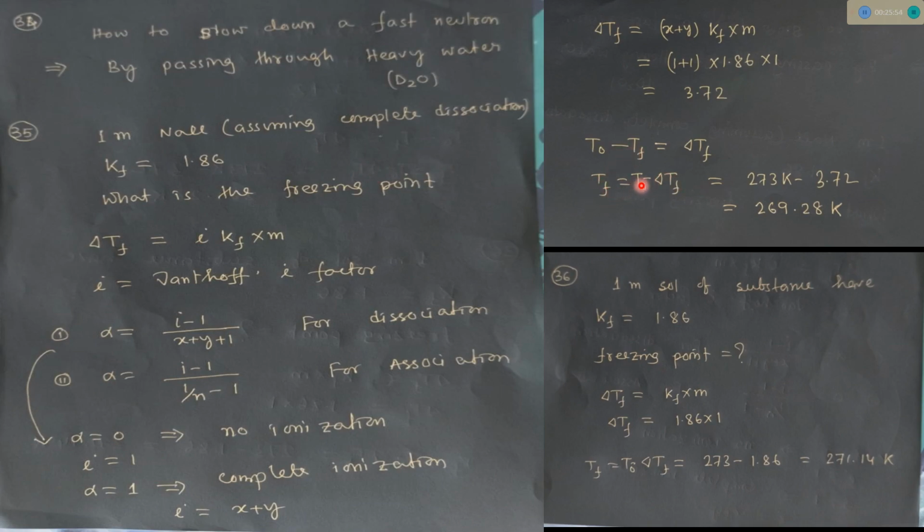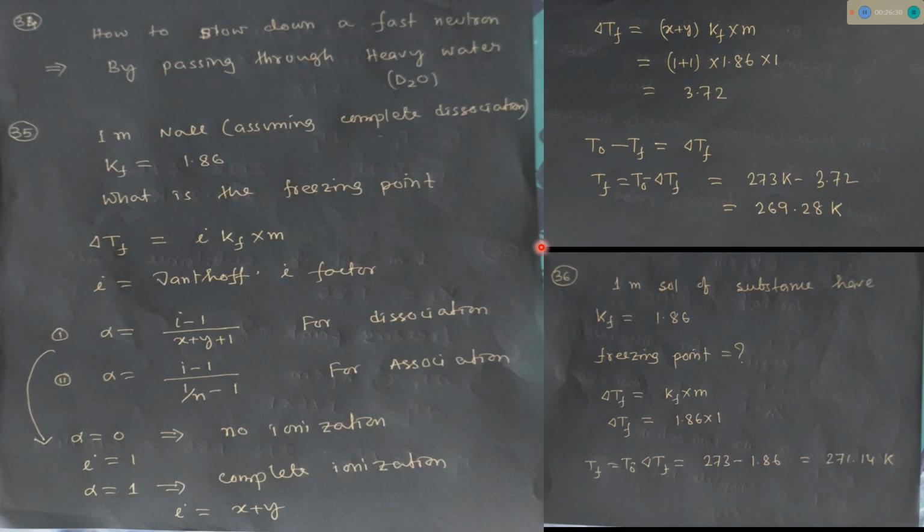T0, the freezing point of pure solvent, is 0 degree centigrade, meaning 273 Kelvin. So 273 Kelvin minus 3.72 gives 269.28 Kelvin. The freezing point of that solution is 269.28 Kelvin. This x plus y term came here because we have to consider the complete ionization of the solute, NaCl.